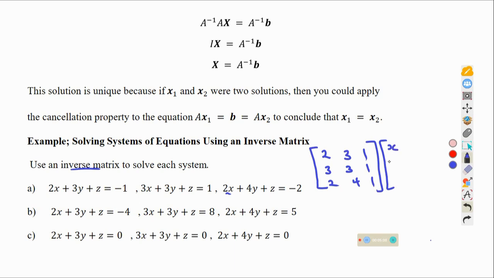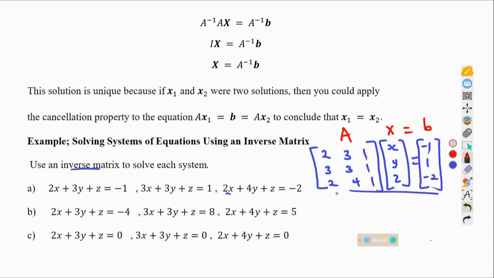So here we shall have x, y, and z, and this one is equal to the constant terms. We have -1, we have +1, and we have -2. So in matrix form, we can have this system here written as this. So clearly we can easily see that this is in the form of AX equaling to B.